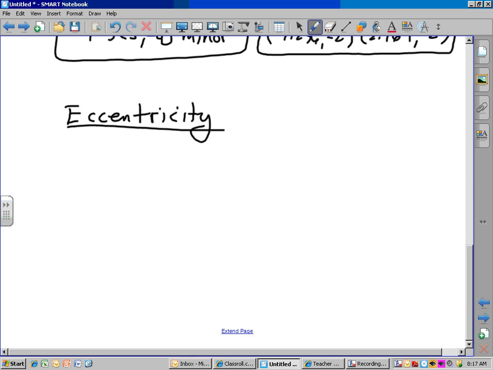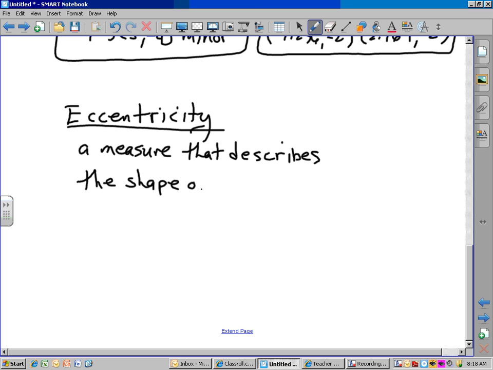It's a measure that describes the shape of an ellipse.